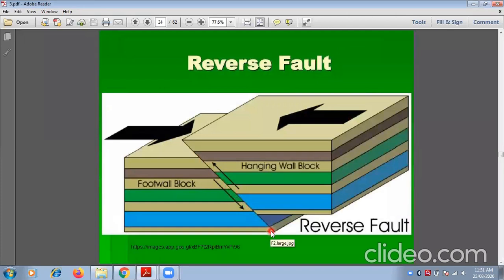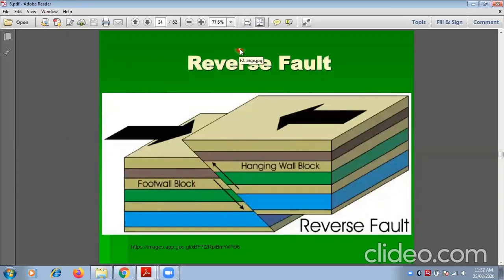On this side and that side, the two rock blocks have moved away from each other. The block which is above the fault plane is considered the hanging wall. The block which is below the fault plane is considered the footwall block.